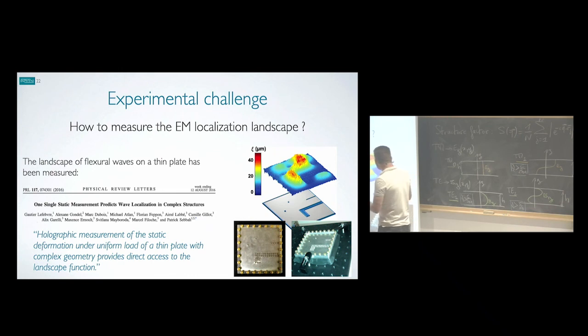And by measuring the static deformations, they were able to directly measure the localization landscape, and it was effectively the well where the eigenstates were stuck when they measure it. And we tried to imagine how to perform the equivalent for the electromagnetic well, and for the moment we failed.